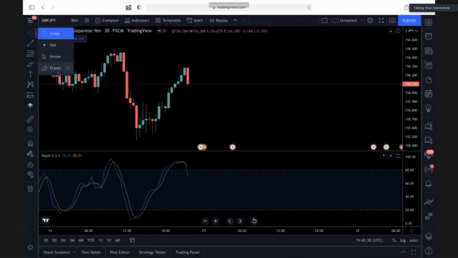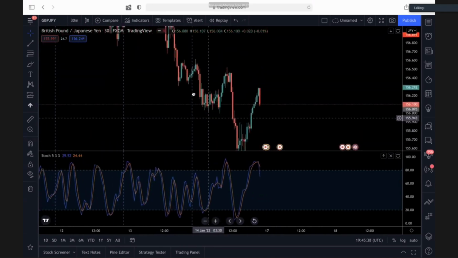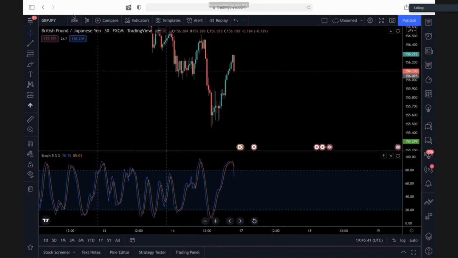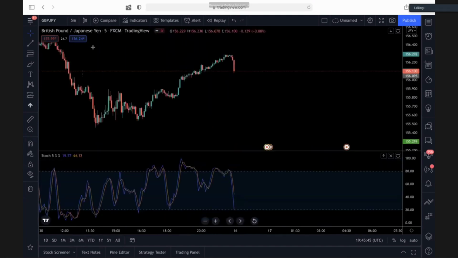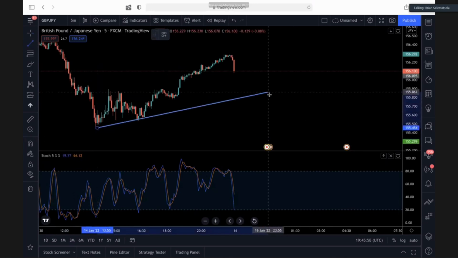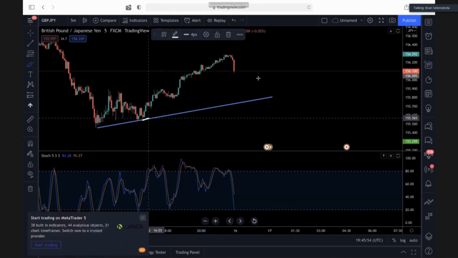So let's check for more. Okay. On five minutes, I'm supposed to see a proper structure. Perfect. On 5 minutes, I'm seeing a footprint line. I'm seeing a first layer line.